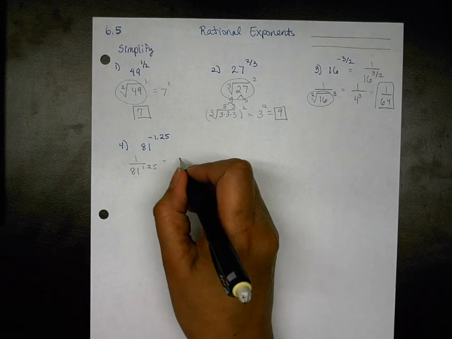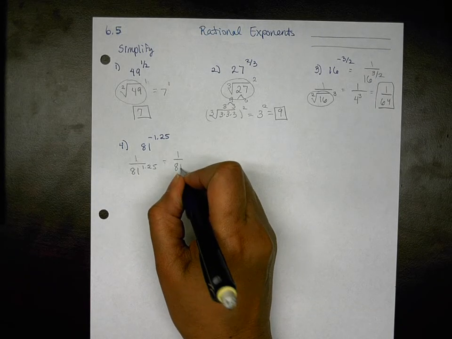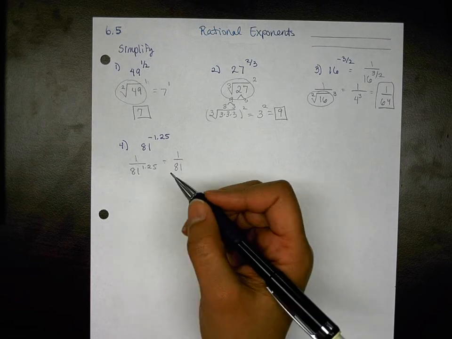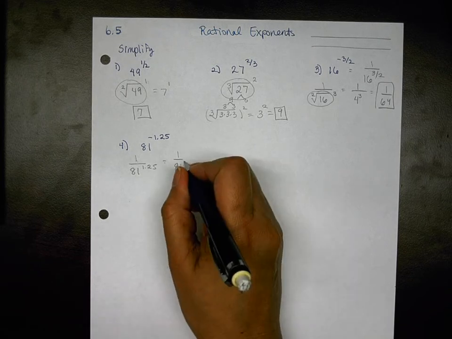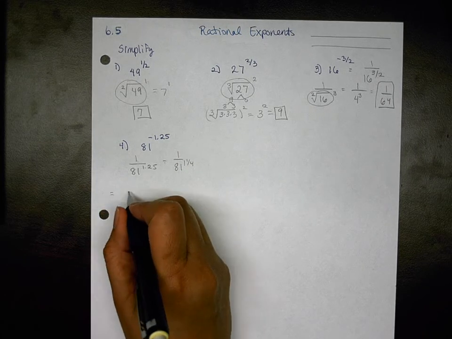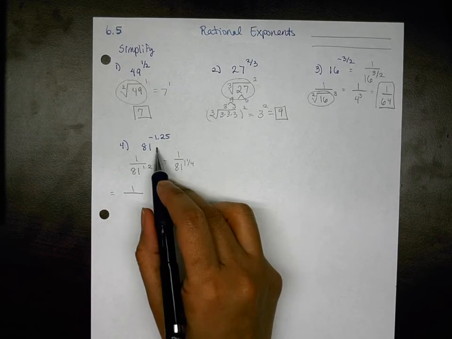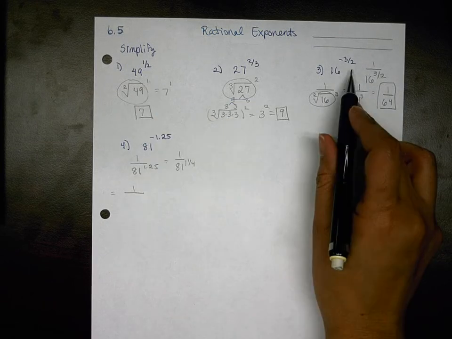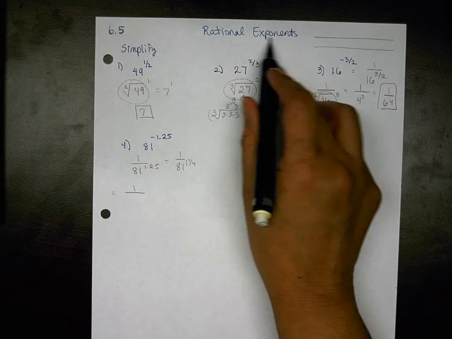Now, what does that mean? 0.25 is 1/4, right? So 1 and 1/4. What I'm doing is I'm converting it to a fraction, because I don't know how to work with these decimal exponents, but I know how to work with fractional exponents, rational exponents.